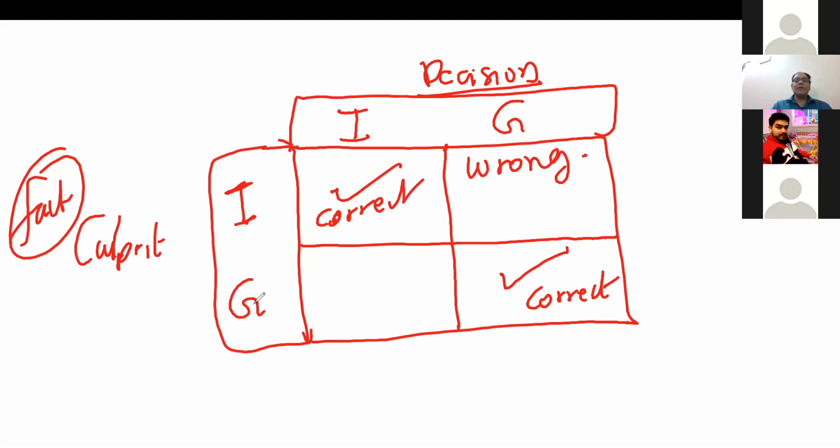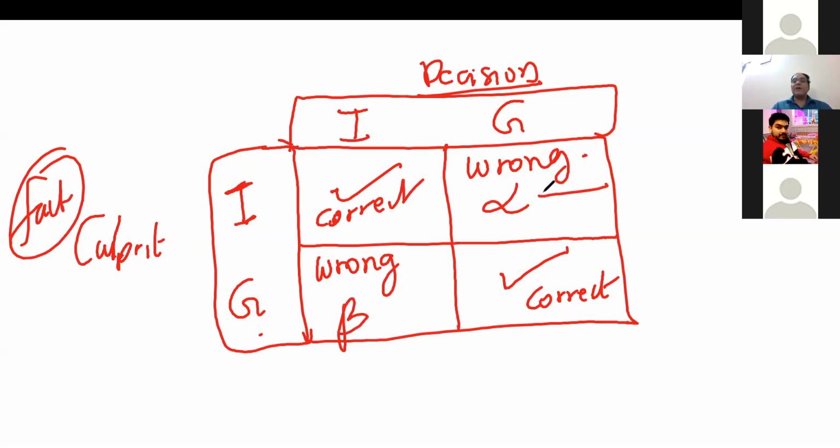And if you declare a guilty person as innocent, this is also a wrong decision. Now the problem is that we are having two wrong decisions: declaring an innocent person as a guilty person, and declaring a guilty person as an innocent person, right? So we define these two wrong decisions as alpha and beta.